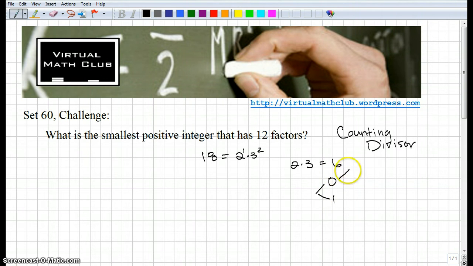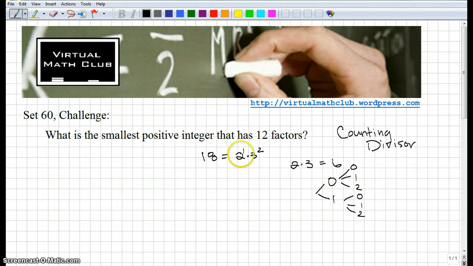For the 3's we can have no 3's, one 3, or two 3's. And the same way, if we have one 2, we can have 0 3's, one 3, or two 3's. So that's how we end up with the 6.